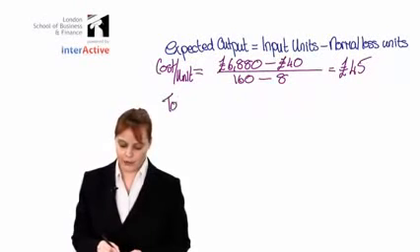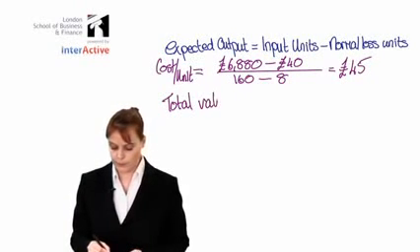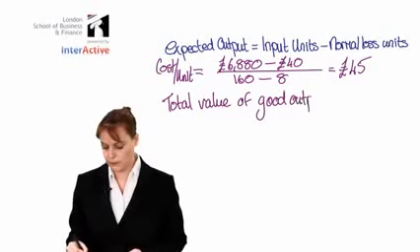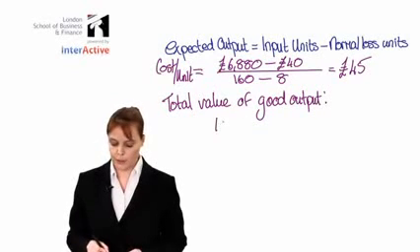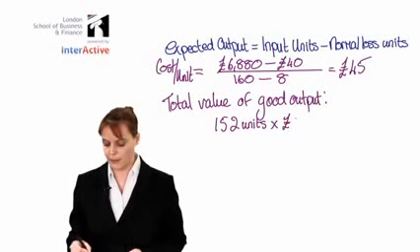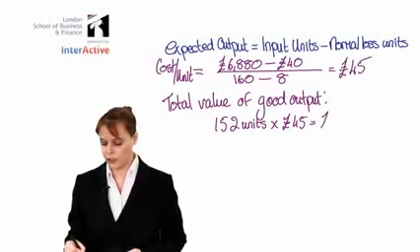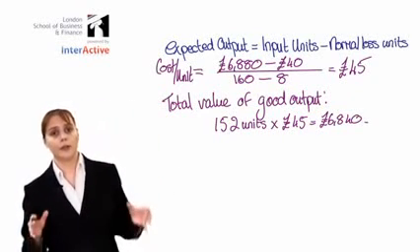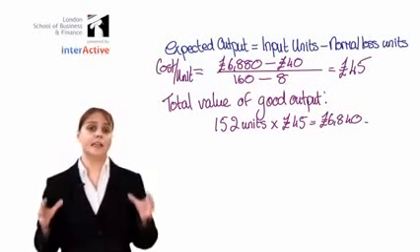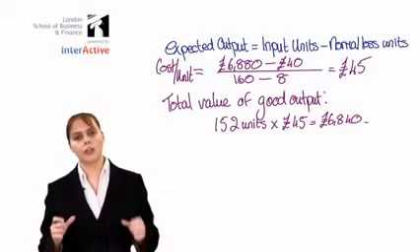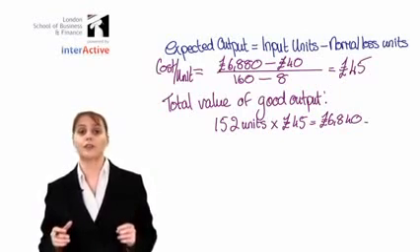So the total value of our good output is the number of units of good output, 152, multiplied by 45, which gives us the 6840. This cost per unit formula is a key formula for the process costing section. Make sure you have noted it down and that you learn it.